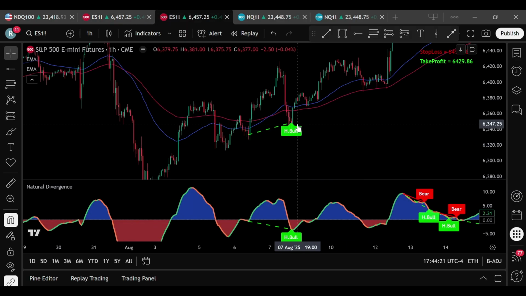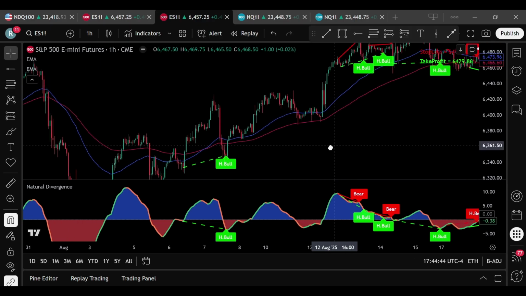Now here we are, still on the S&P 500, on the 1 hour chart. I just put a couple EMAs here: the 50 and the 100 EMA. These are very commonly used to help determine trend. You're going to see a lot of divergences show here on the indicator.